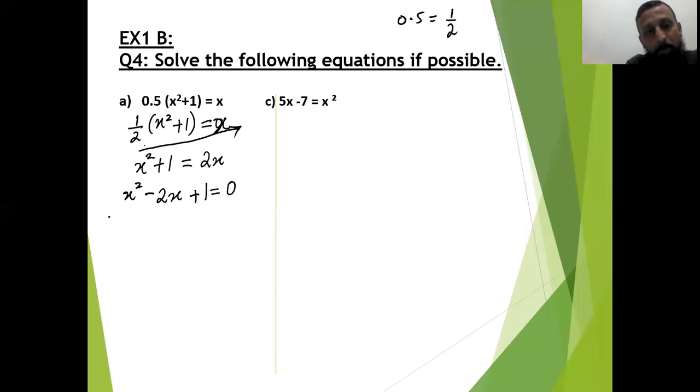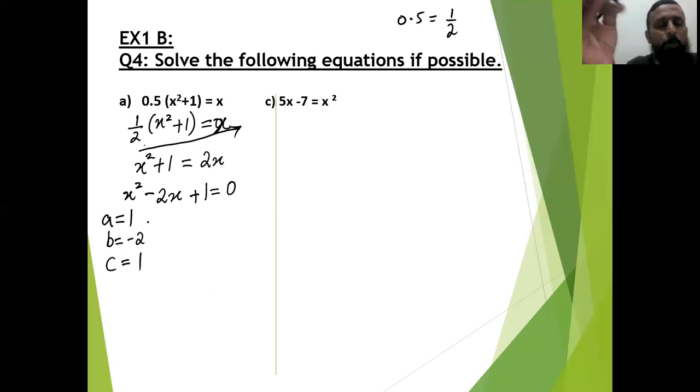Okay, boys and girls, now here you have a equals 1, b equals minus 2, and c equals 1. And then you can easily do it by applying quadratic formula. So I'm leaving it for you guys. Please complete it.